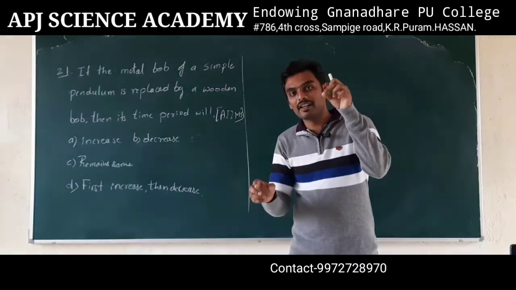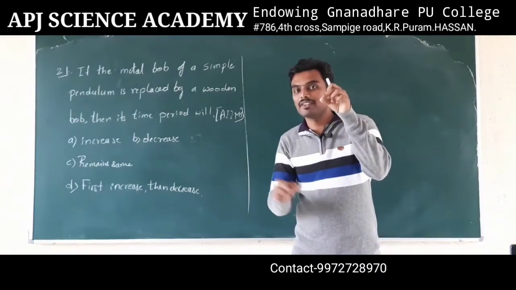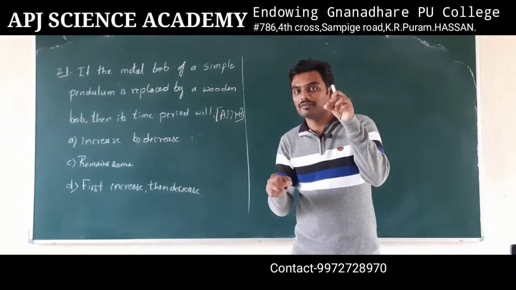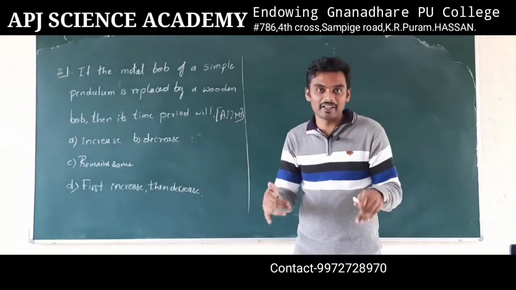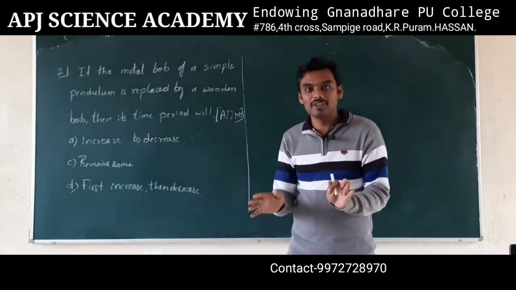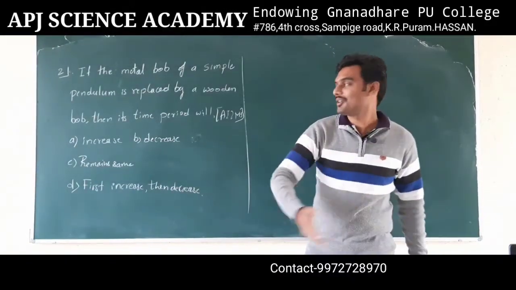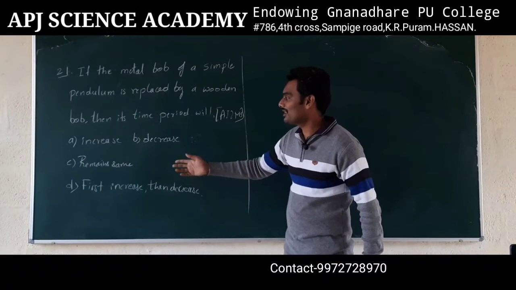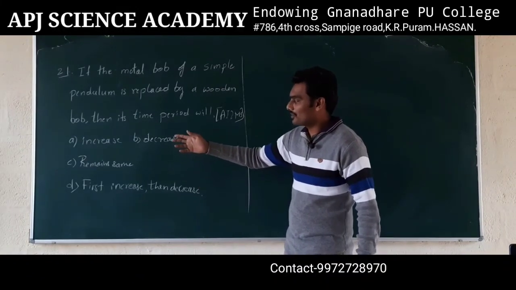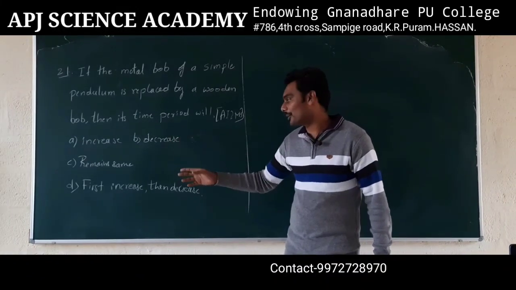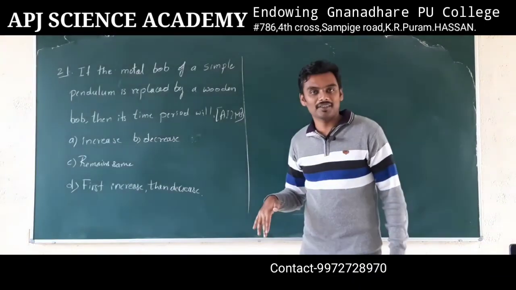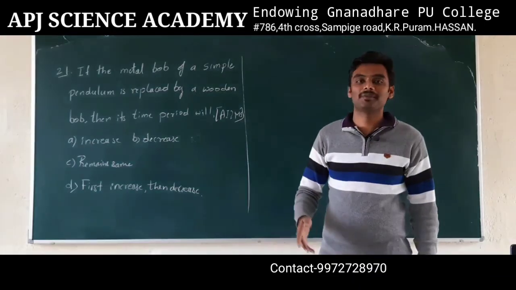Just first put the eraser, then put the sharpener, and see the time taken for 10 oscillations, then divide it by 10. You decide what should happen to the time period, whether it should increase or decrease or remain the same or increase and then decrease. Okay, this is left on you. Thank you.